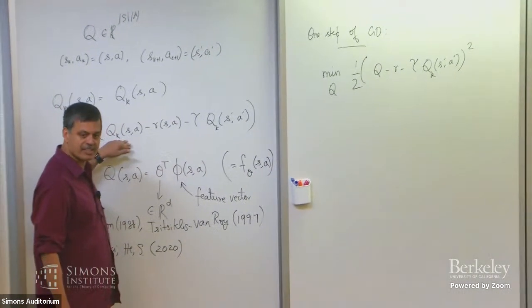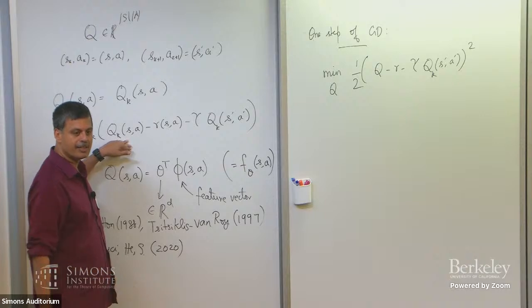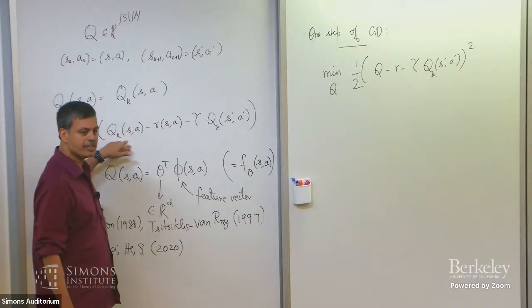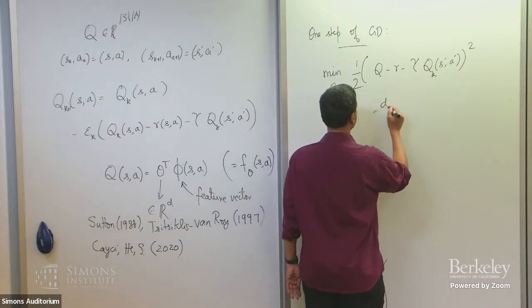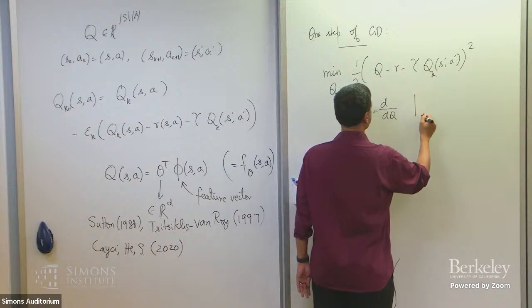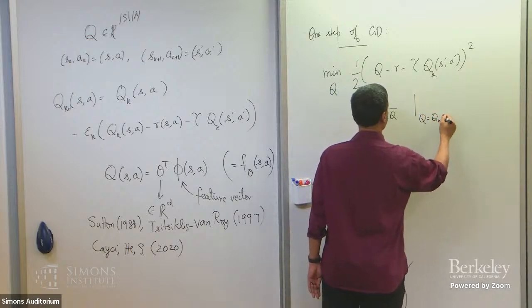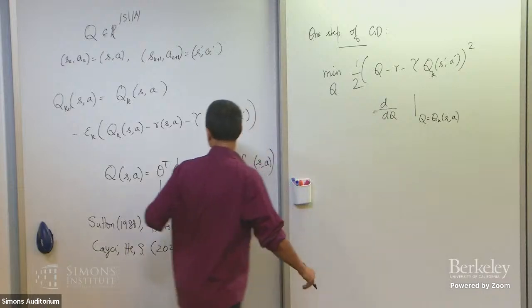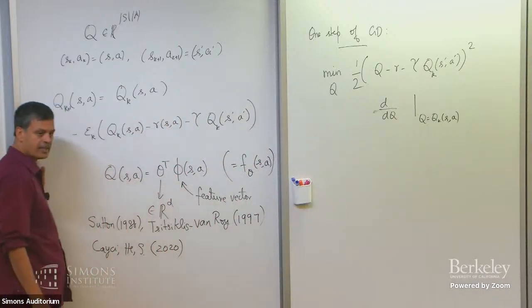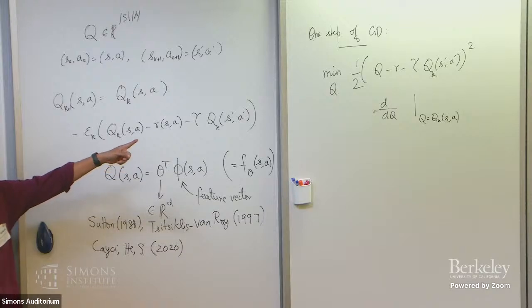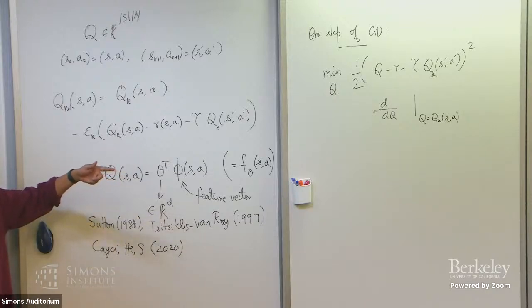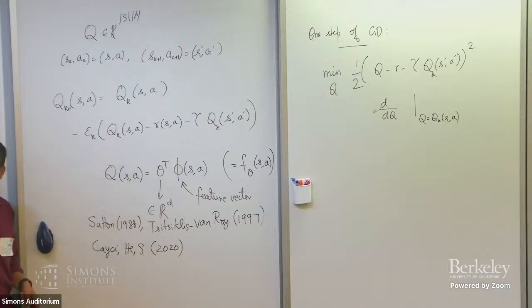And for the current state, you pretend that you want to learn what the Q function is. If you differentiate this with respect to the scalar and set Q equals QK of SA, then this is just gradient descent. Everybody understand this? It is as though you are doing one step of gradient descent, then changing the objective to QK plus 1 and doing one more step, and so on. It seems like a silly algorithm, but remarkably it works. And this is what Tsitsiklis and Van Roy proved.